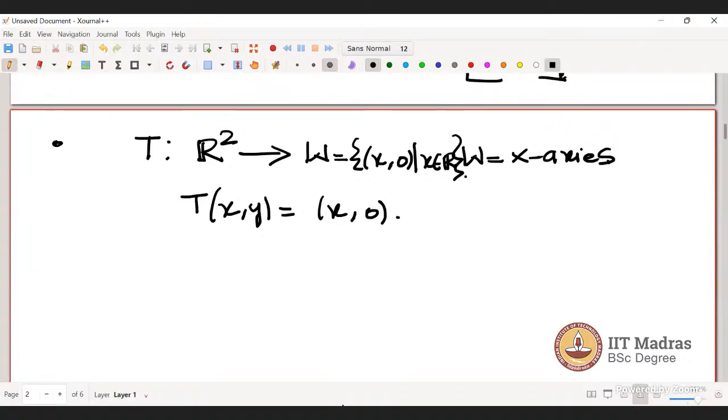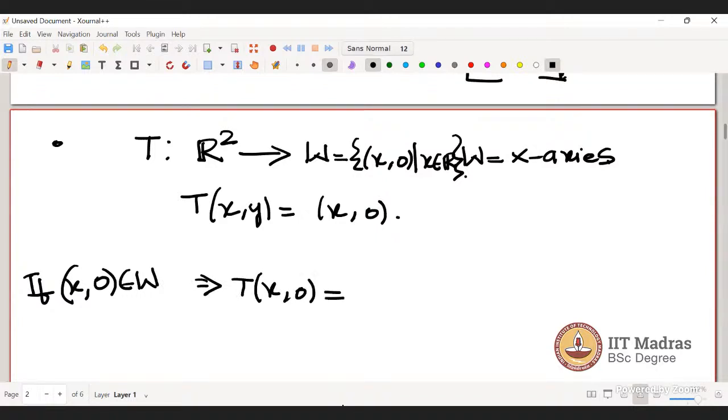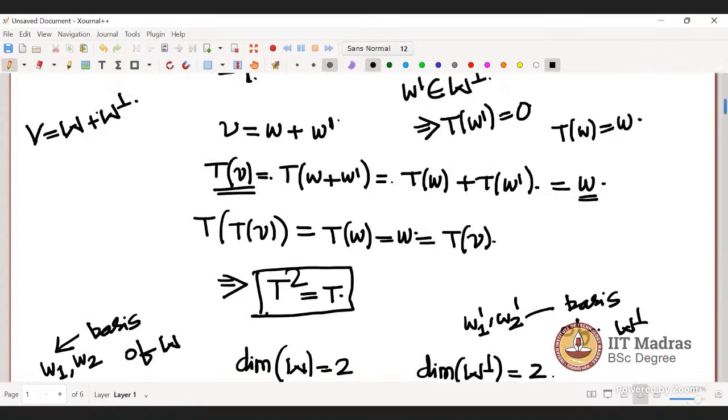So as you can see, if I pick an element in W, if x comma 0 is in W, that means T of x comma 0 is precisely x comma 0. That means T fixes all the elements of W. That is what I have written here.